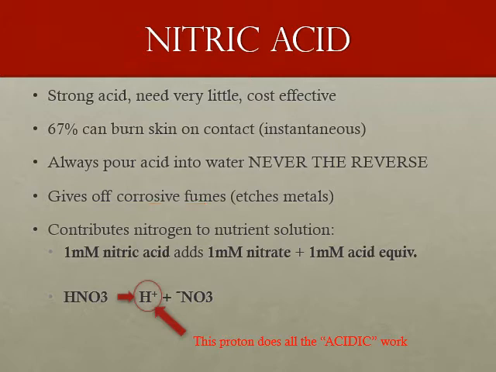As far as what happens with acids, nitric acid, typically 1 mole of nitric acid is equivalent to 1 mole of acid. So that's helpful for thinking about when we're looking at how many millimoles of acid will we need to neutralize how many millimoles of bicarbonates.